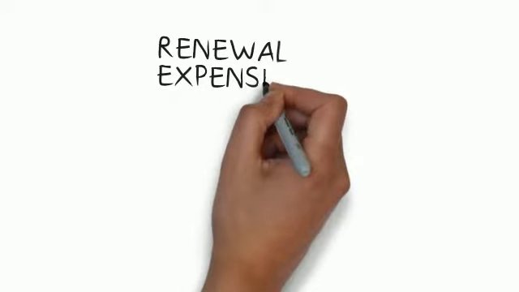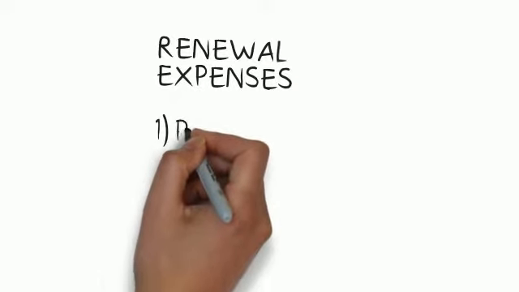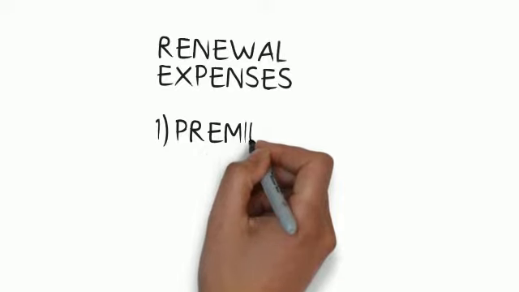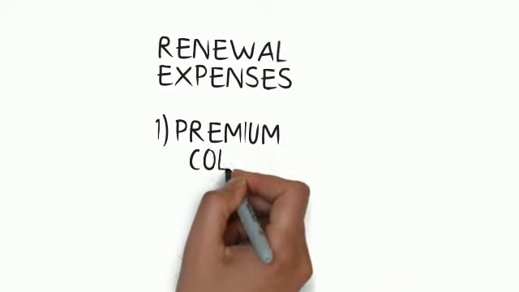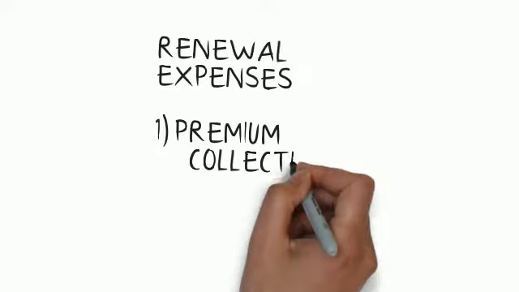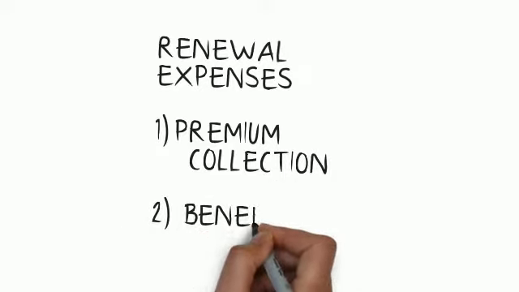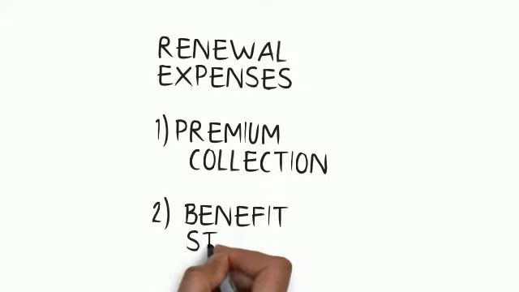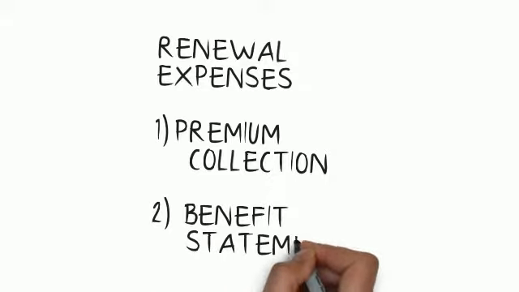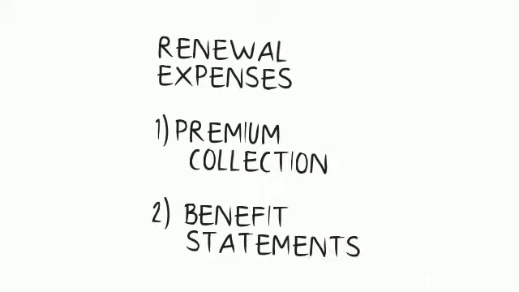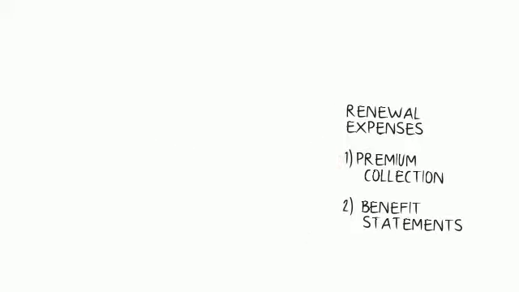Renewal expenses, after you have recovered commission, you have recovered underwriting costs, you still have to pay for cost of collecting premiums, for cost of benefit statements, and cost of managing the asset. So in that sense as well, you still have a reduced allocation.